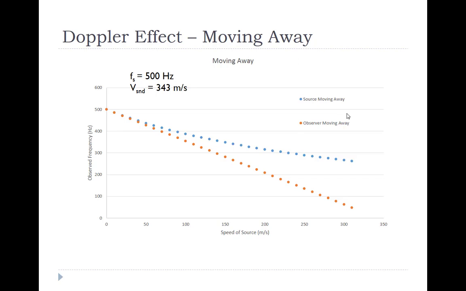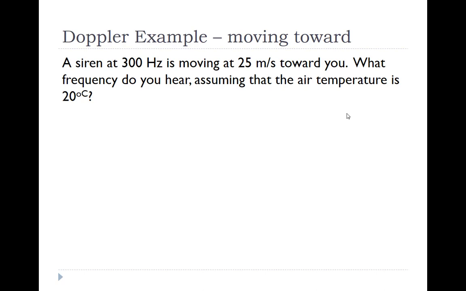Next, I want to go through 3 sample calculations with you for this. Here is the first. We have a siren at 300 hertz moving at 25 meters per second towards you. I want to know what frequency that you would hear, assuming that the air temperature is 20 degrees Celsius. So this 300 hertz is the frequency of the source.